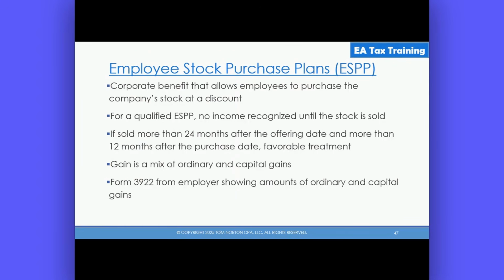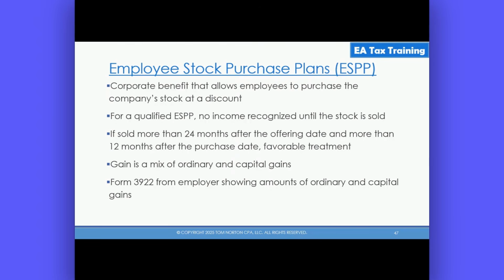Employee Stock Purchase Plan, or ESPP. This is a corporate benefit that allows employees to purchase the company's stock at a discount. So as long as it is a qualified plan, there is no income until the stock is actually sold. If it is sold more than 24 months after the offering date and more than 12 months after the actual purchase date, then there is favorable treatment for that. The gain will be a mix of ordinary and capital, and it's going to depend.